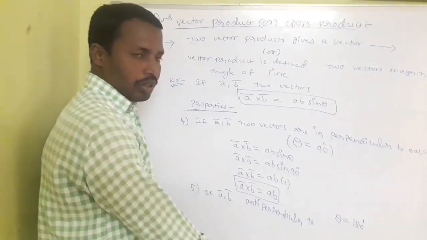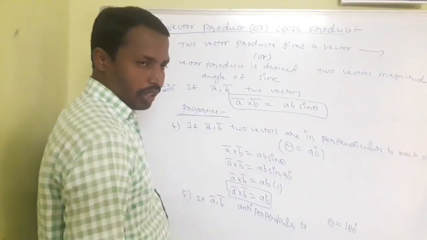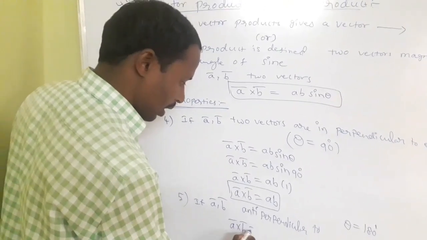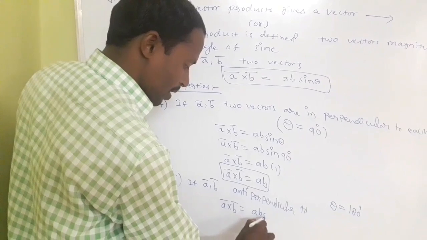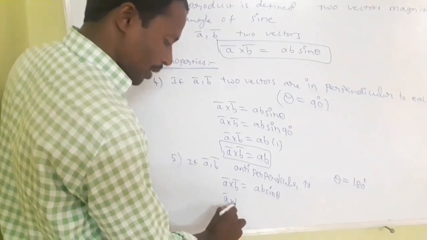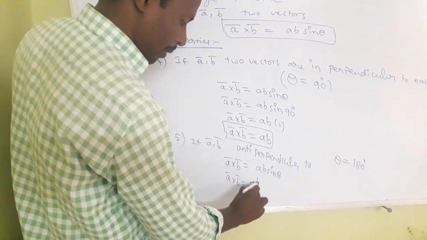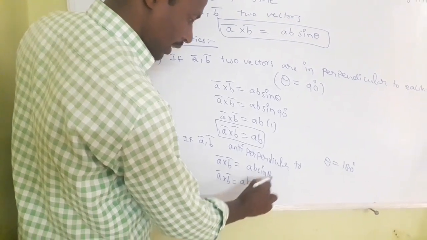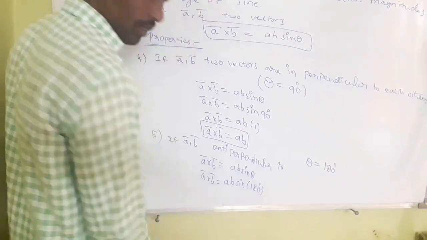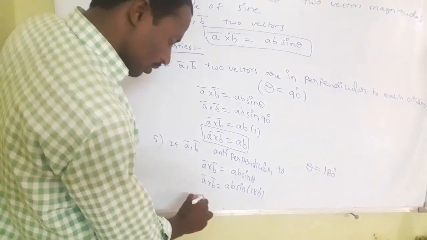Then substitute in the definition of the cross product. a bar cross b bar is equal to ab sin theta. Already we know that. Then a bar cross b bar is equal to ab into sin 180 degrees. Sin 180 degrees is 0, so ab into 0.